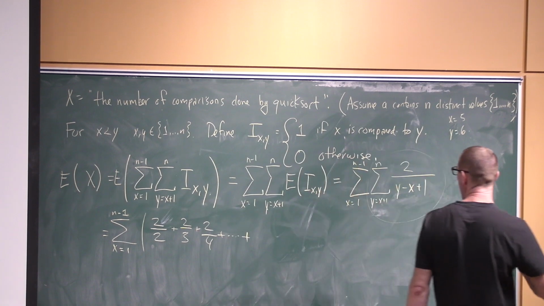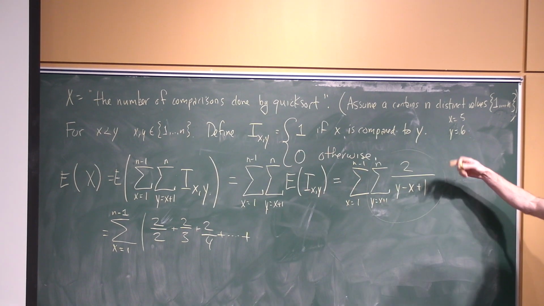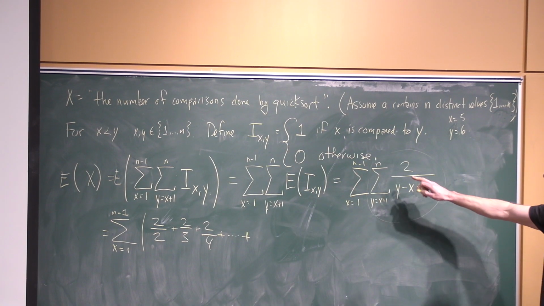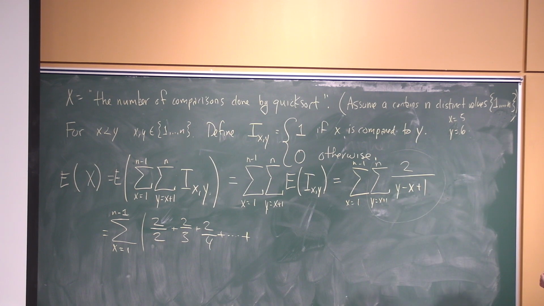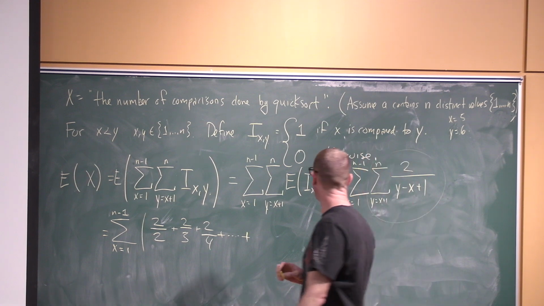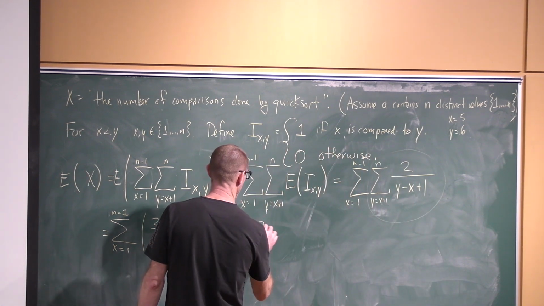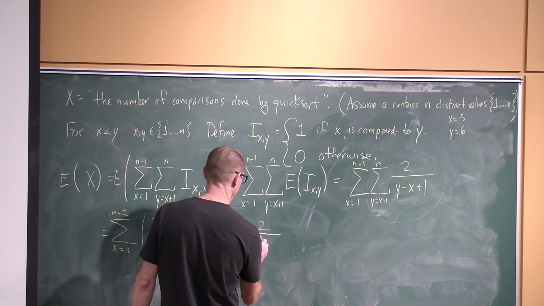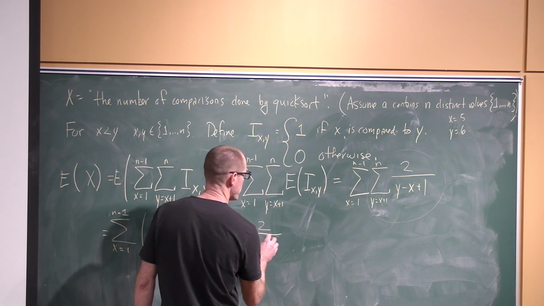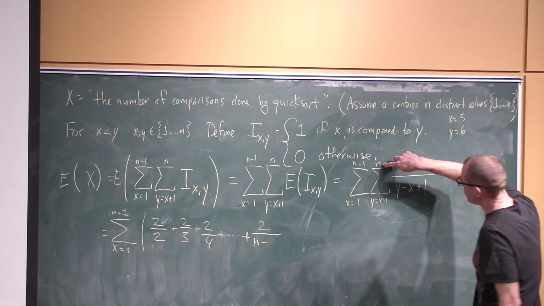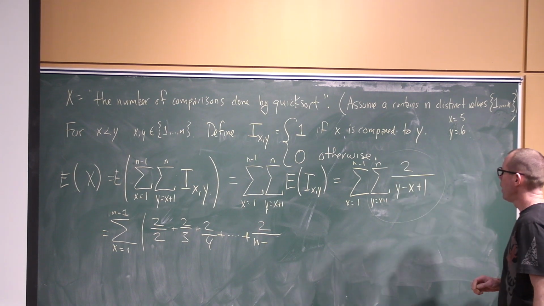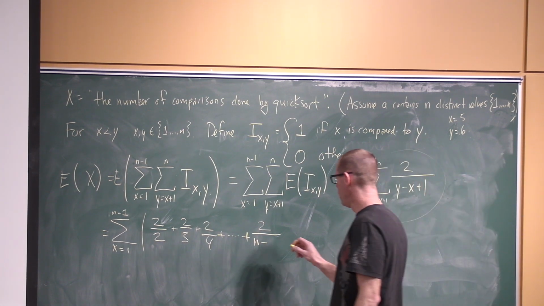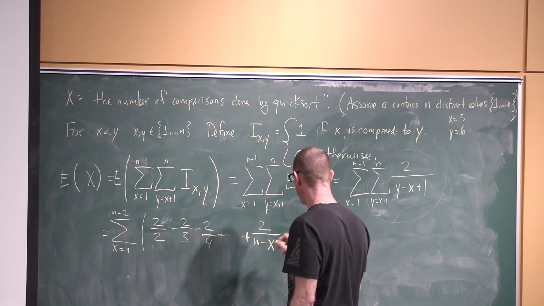And the only thing we have to look out for is, okay, what is it on the last one? On the last one, it's going to be something like 2 divided by n, because y only counts up to x here, and so that'll be n minus x.